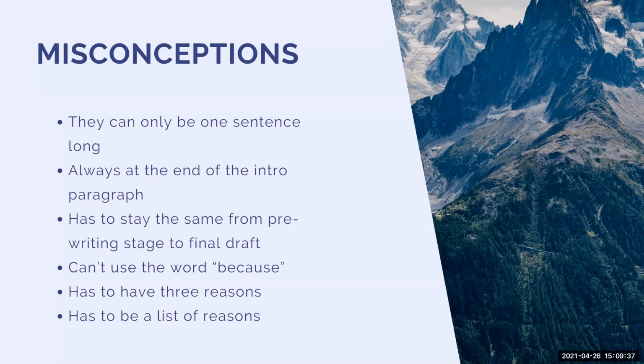And that it has to be a list of reasons. You don't have to list it out. If there's a cleaner way to bring out all the reasonings and put it in a sense a little more generalized into your thesis, that could work too. So don't feel like it has to be 3 reasons or that it has to be presented in a list. It really is whatever is going to best reflect your essay.